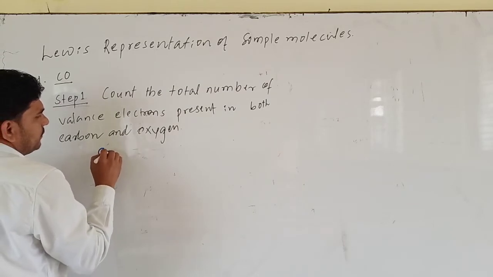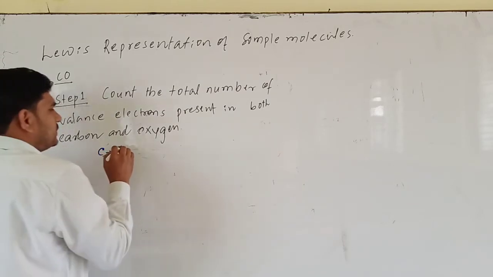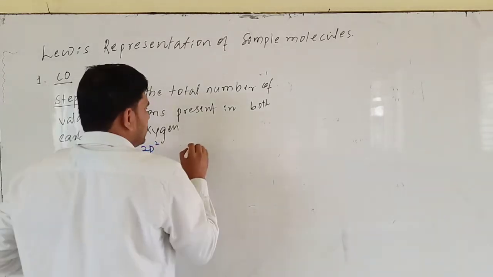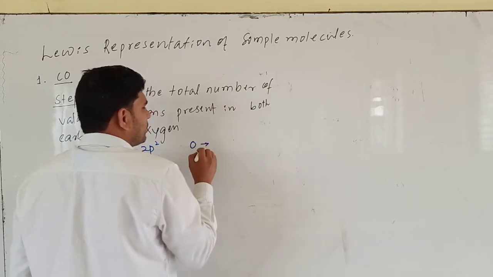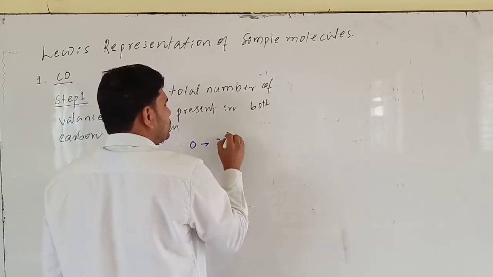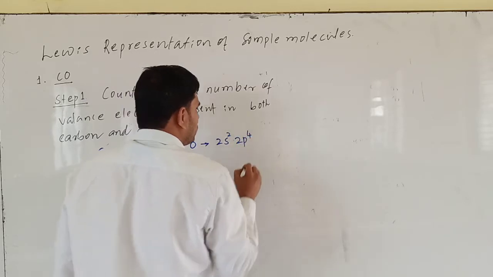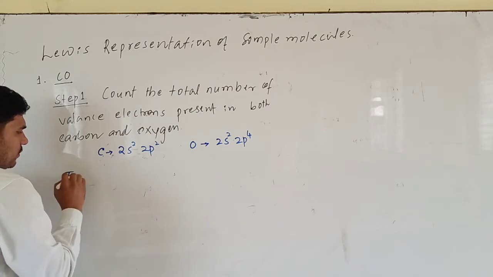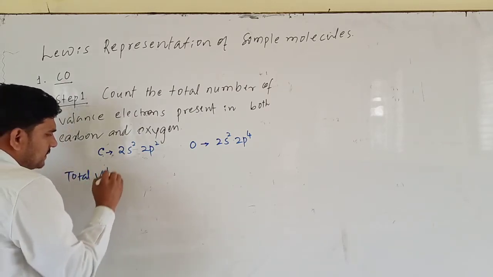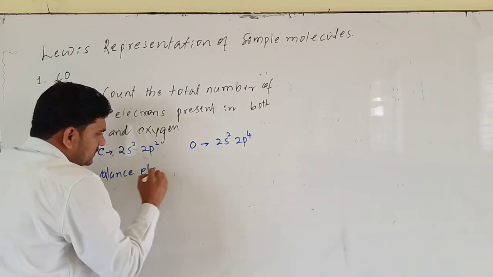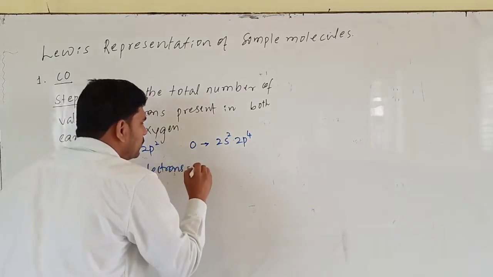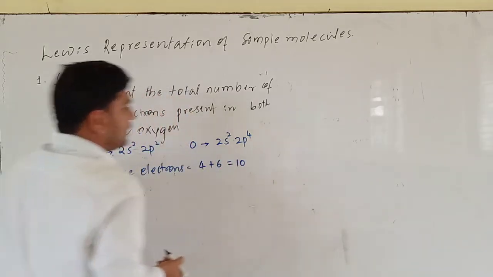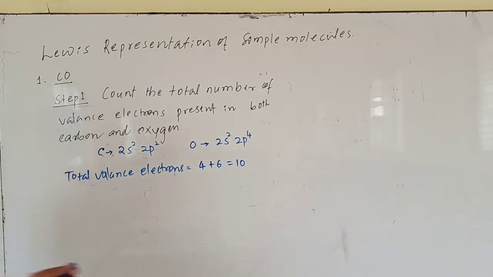Carbon, you know what the outer electronic configuration is? 2s2 2p2. What is the outer electronic configuration of oxygen? 2s2 2p4. Over here 6 and over here 4. Total valence electrons is equal to 4 plus 6. This is 10. This is step number 1.